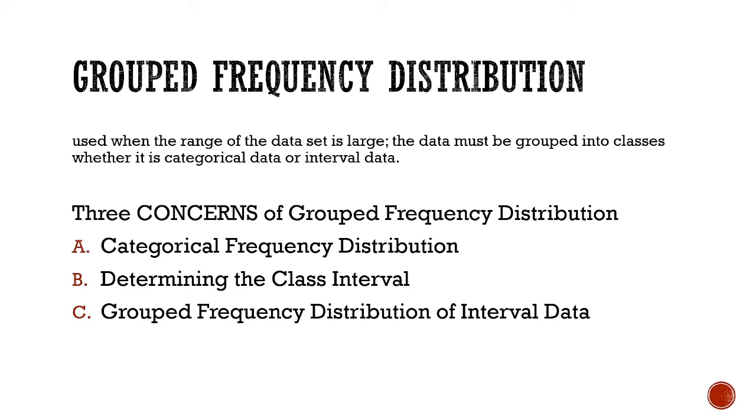Sometimes when we have at least 30 respondents or 30 pieces of data, group frequency distribution will be useful for presenting those data, not just simply enumerating the responses of each of the sample. In this way, the viewers of your study will have a better way of looking at your data. So let's start with the categorical frequency distribution.